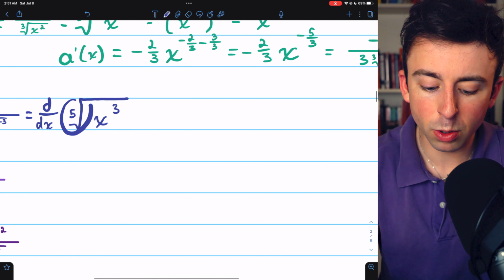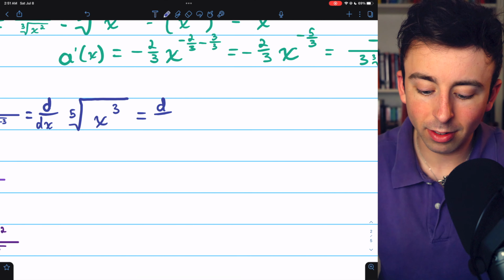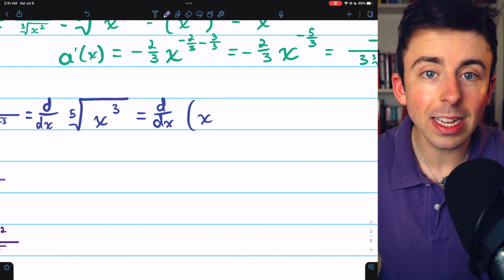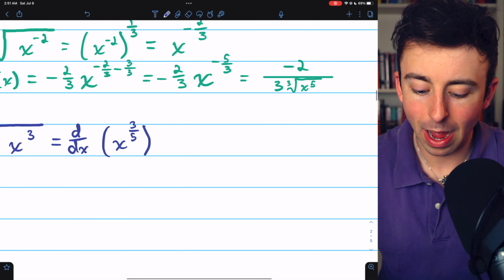Since it was negative, now the exponent is positive. Now a 5th root is the same as an exponent of 1/5. So this is the derivative of x to the power of 3 to the power of a 5th, which is just x to the power of 3/5. Now we can use the power rule.